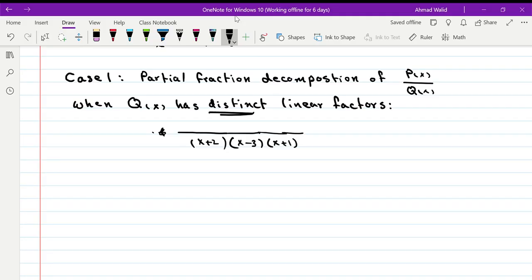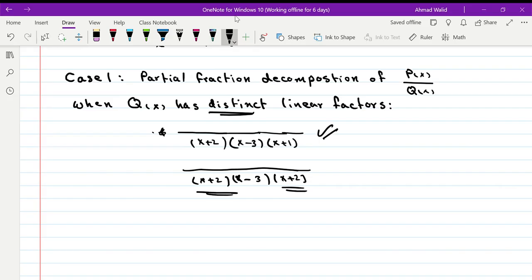It means all of them are different. They are not the same. If I have something like x plus 2 times x minus 3 times x plus 2, I cannot call this distinct because I have x plus 2 twice. We call this repeated. Correct? In case 1, we are dealing with the denominator, q of x, having distinct linear factors.